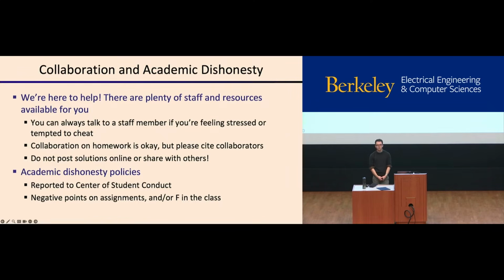So if you're ever feeling tempted, like you just can't get everything done in time, or it's too overwhelming or whatever, before you do something that you would regret, just come and talk to us. We can make arrangements with you. We can help you find a way to get everything done. There's always a solution that is not to resort to dishonesty.